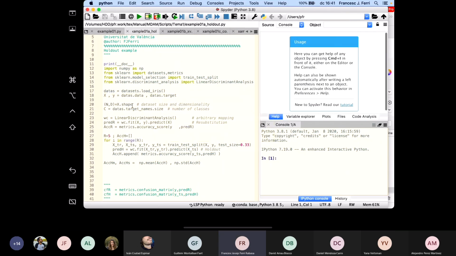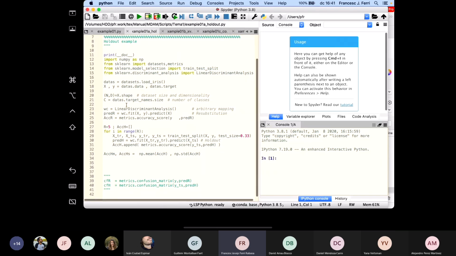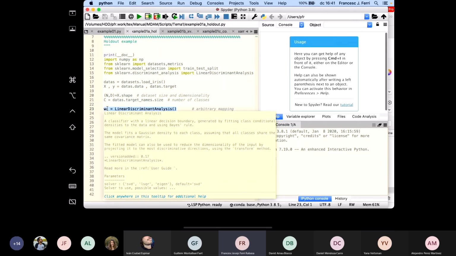We have the representation of this data, the labels of this data, and we obtain a mapping here. We will talk about this particular mapping later on, but now it's just a mapping.